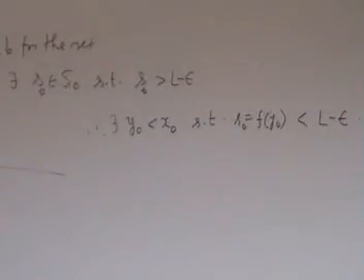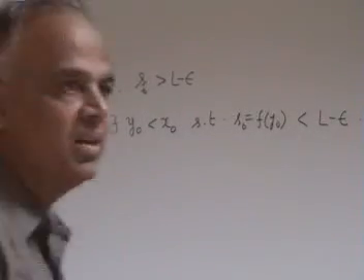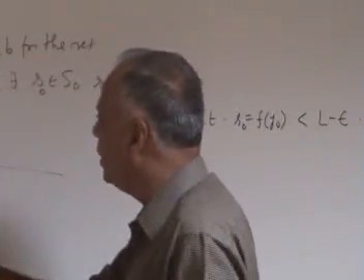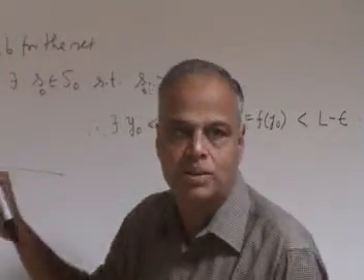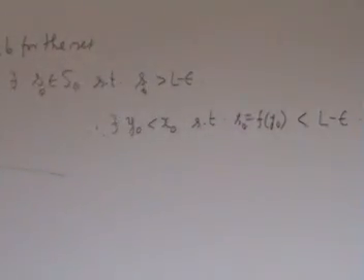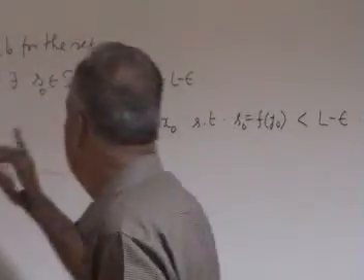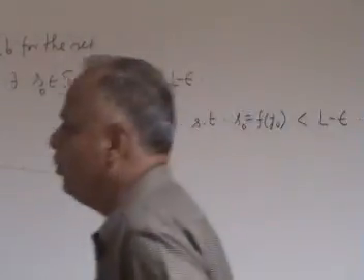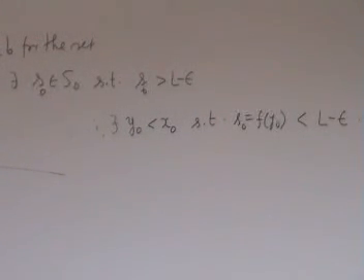L is the least upper bound, so if you move to the left of it, somebody from that set must come. Anybody in that set is of the form f of y, so some f(y naught) must be greater than L minus epsilon.